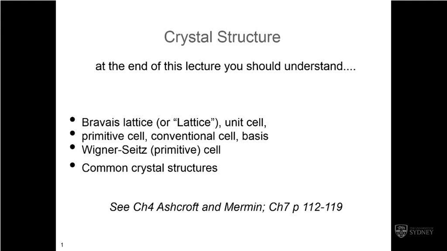We're going to look at Bravais lattice, unit cell, primitive cell, conventional cell, basis, Wigner-Seitz cell, and some common crystal structures. So these are probably what we'll get through right now, just defining what they mean.